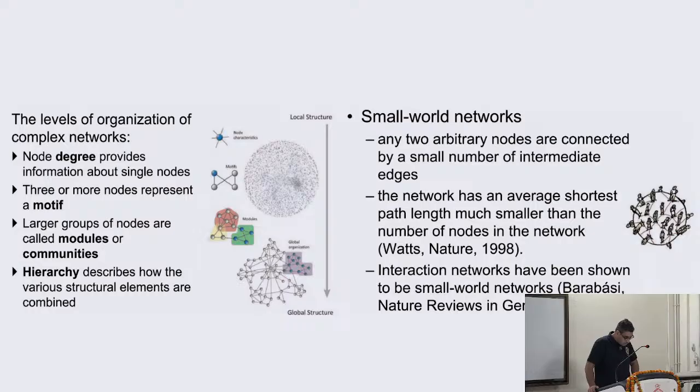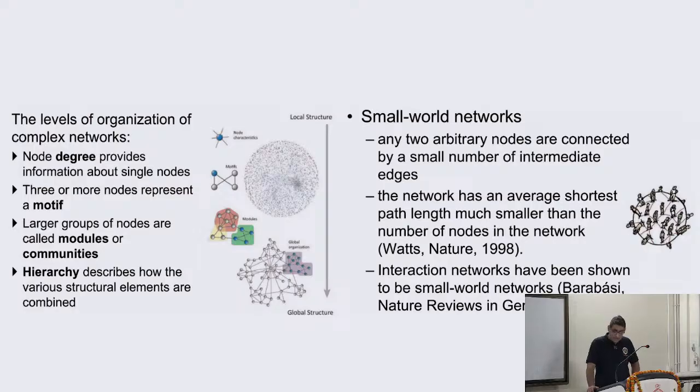Three or more nodes present a motif, and larger groups of nodes are called modules or communities. So these are the terminologies which I am explaining. Then hierarchy describes how the various structural elements are combined.